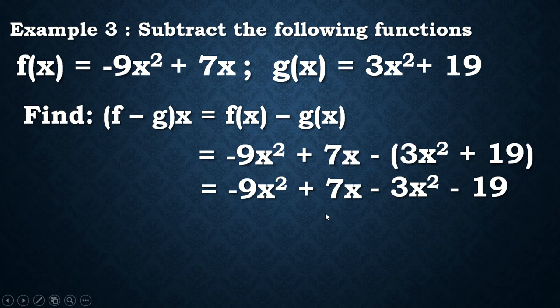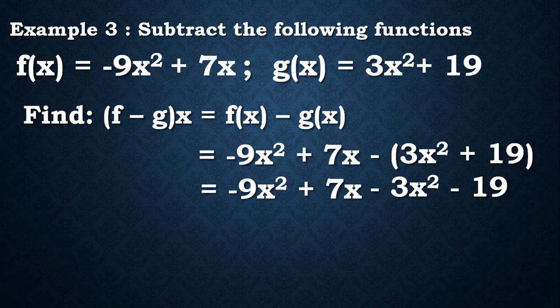Please be reminded of this. If you are multiplying like signs, positive times positive, the answer will always be positive. If you are multiplying negative times negative, the answer will always be positive. Let's talk about unlike signs.